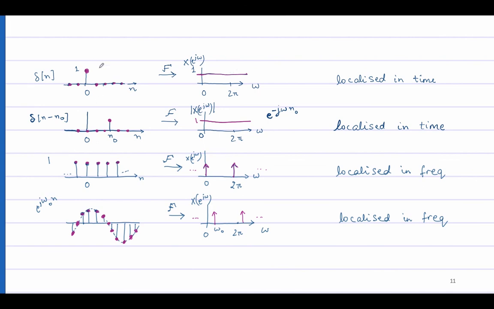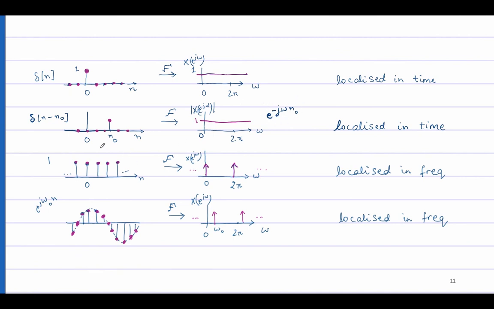So this is localized and this is highly non-localized. Similarly, when you talk about a shifted delta function, it is highly localized in time, and this one is everywhere. All the frequencies are present, but the phase is this, right?